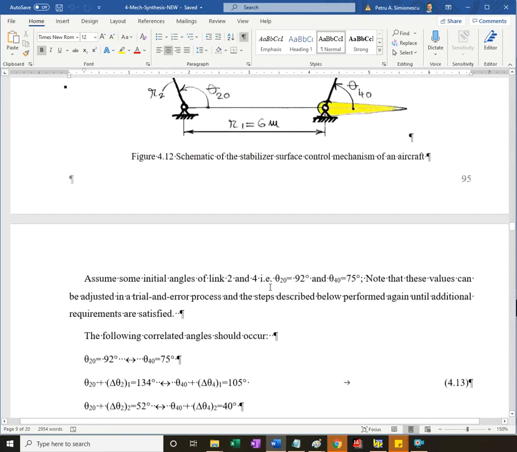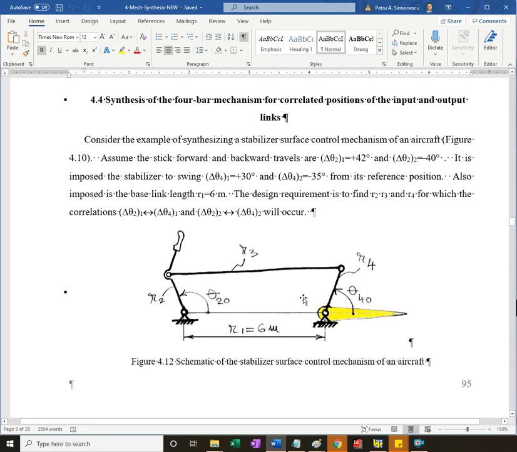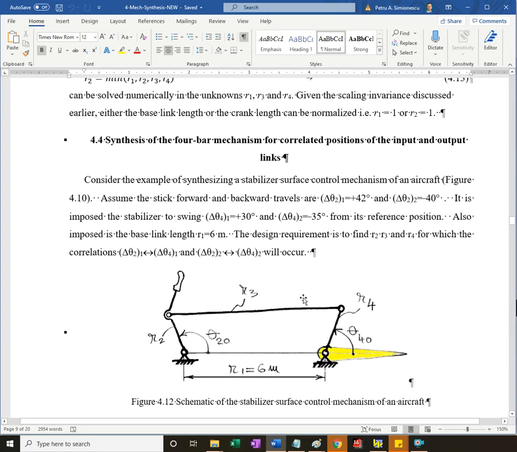Okay, so this is where the discussion extends to taking a 4 bar that is not crank driven. You just want to have a correlation between the input ground link and the other ground link.